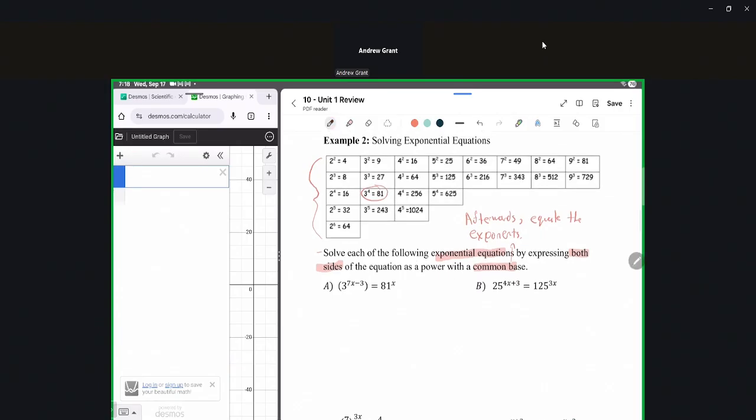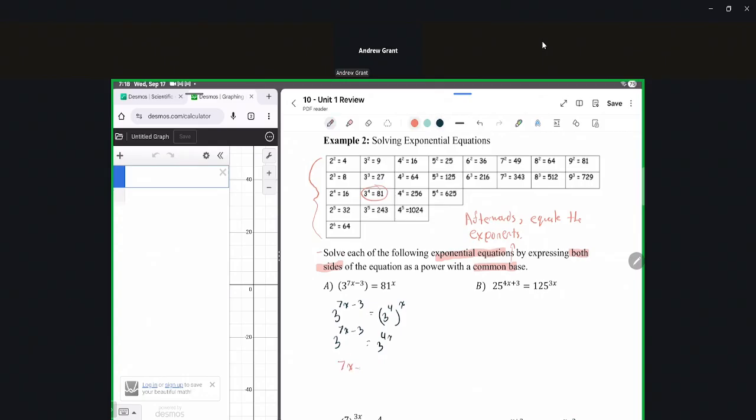And so what this will become is 3 to the power of 7x minus 3 is equal to 3 to the power of 4, all to the power of x, which is the same thing as 3 to the power of 4x. We can now equate the exponents.